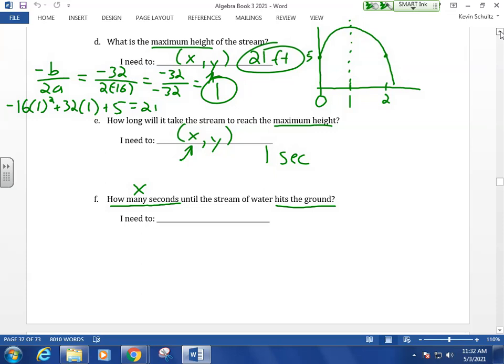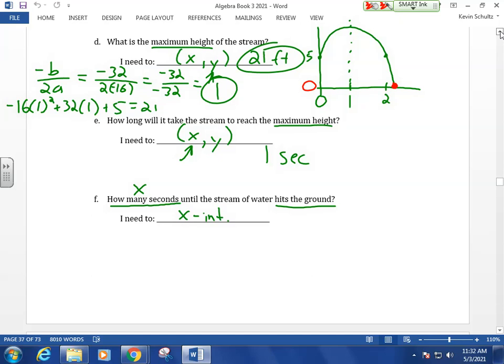What's significant about the x value when it hits the ground, Evan? Y equals 0, so it would be the x-intercept. Right? When it hits the ground, y is 0. We want to know what this point is here. We're talking about the x-intercept here.